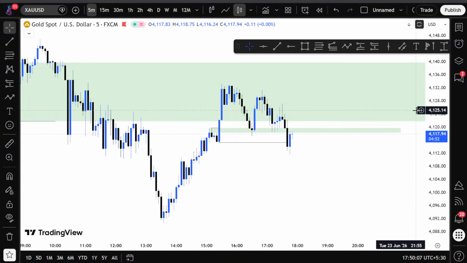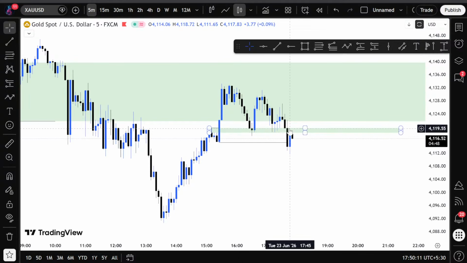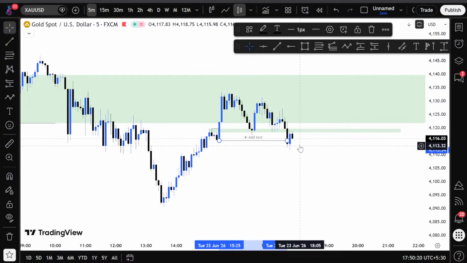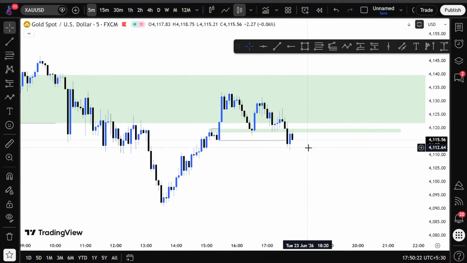Second candle close back above, guys, so we cannot short it here. If you want to short it, it will be very much risky, so be very careful. You need two candle closing below this low to make a valid change of character, then you can short.